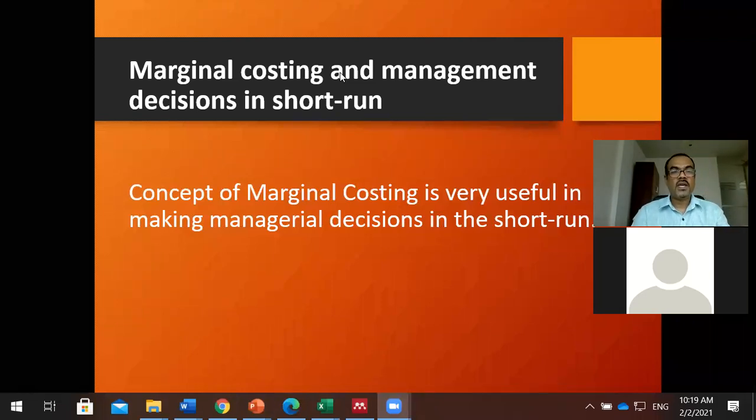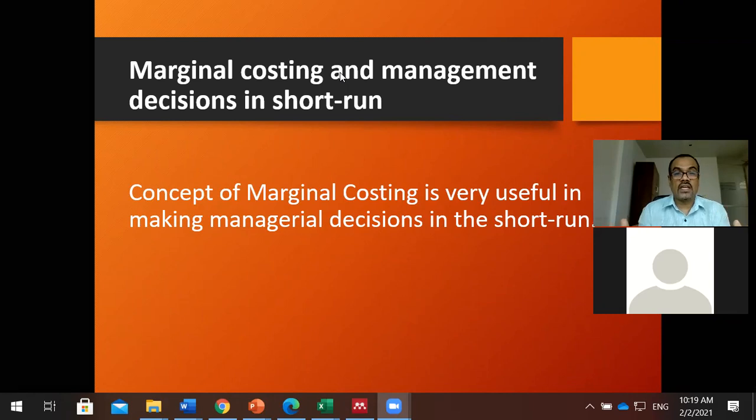Again, I emphasize in all the short run decisions, short run refers to a relevant range: a day, a week, month, 2 months, quarter, 6 months, 1 year. It can't be 5 years, 6 or 10 years, but it could be an operating cycle sometimes.